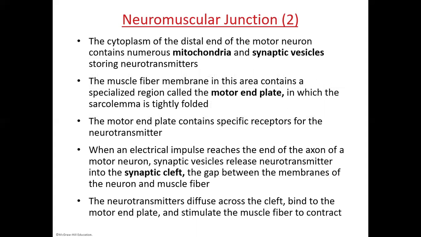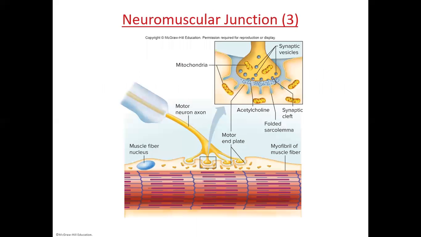Let me show you the picture before I go into that. So this would be the neuron. Here it is. Okay, and if we zoom in, so we've got the neuron and the muscle fiber. So they're not actually connecting, but they're close. Inside the neuron, these are vesicles that would have the neurotransmitters. It's called acetylcholine. There it is spelled out.